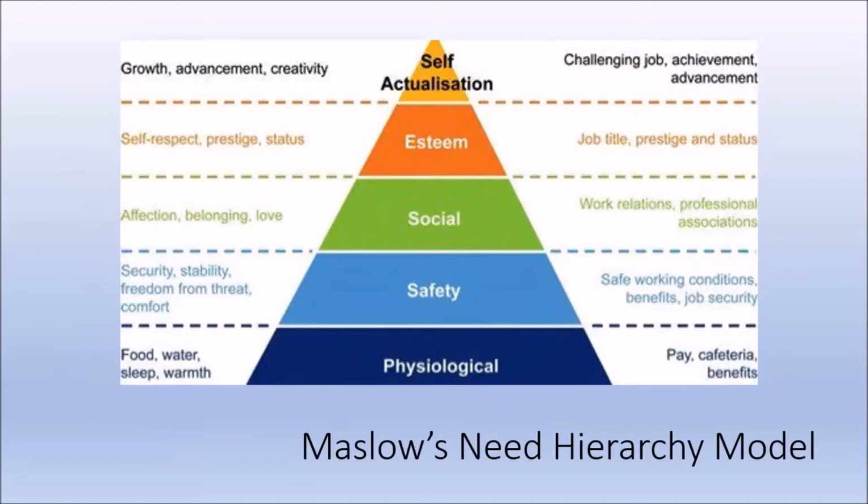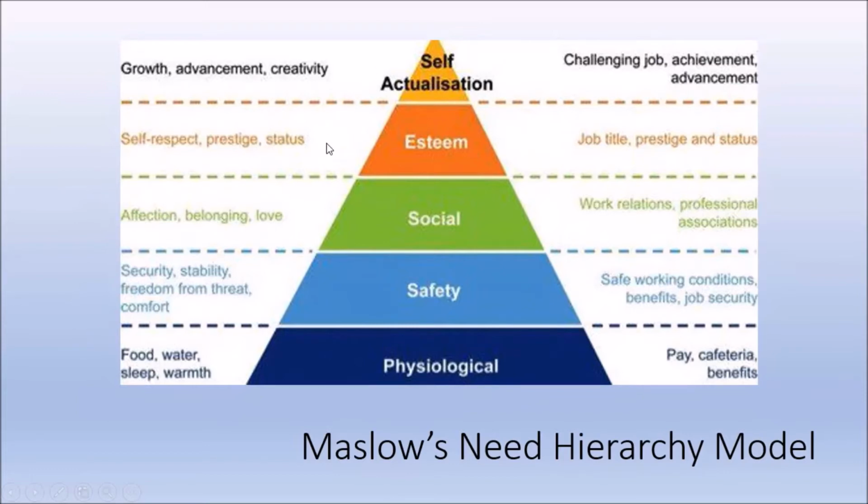This pyramid hierarchy model by Maslow can be applied both generally in individual life and also in organizations. If you can see here in the Maslow hierarchy pyramid model, the left side refers to food, water, security, affection, self-respect, growth, and creativity.